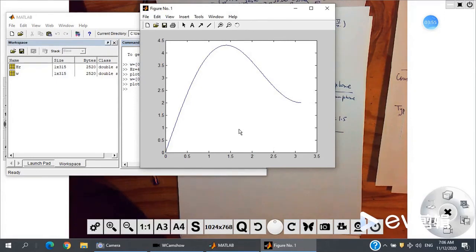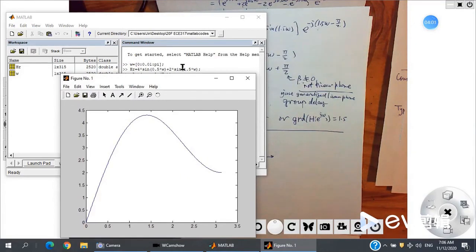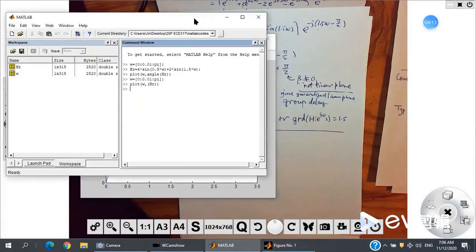Well, because the frequencies are 0.5 and 1.5, so from 0 to pi, we have it always positive. This is always positive, but the phase is not really positive.